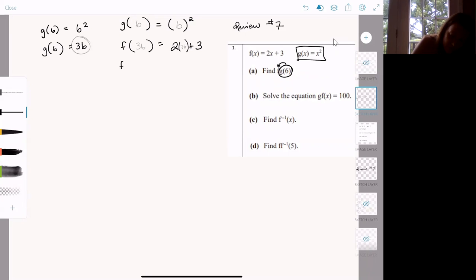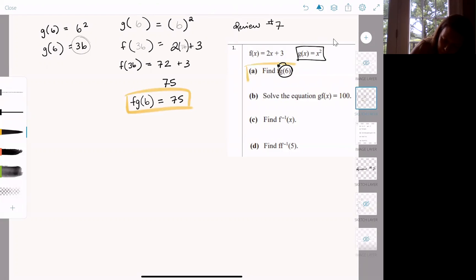So f of 36 is equal to 2 times 36, which is 72, plus 3. So it is 75, and that's your answer. So f of g of 6 equals 75. Okay, so there's part A for you.